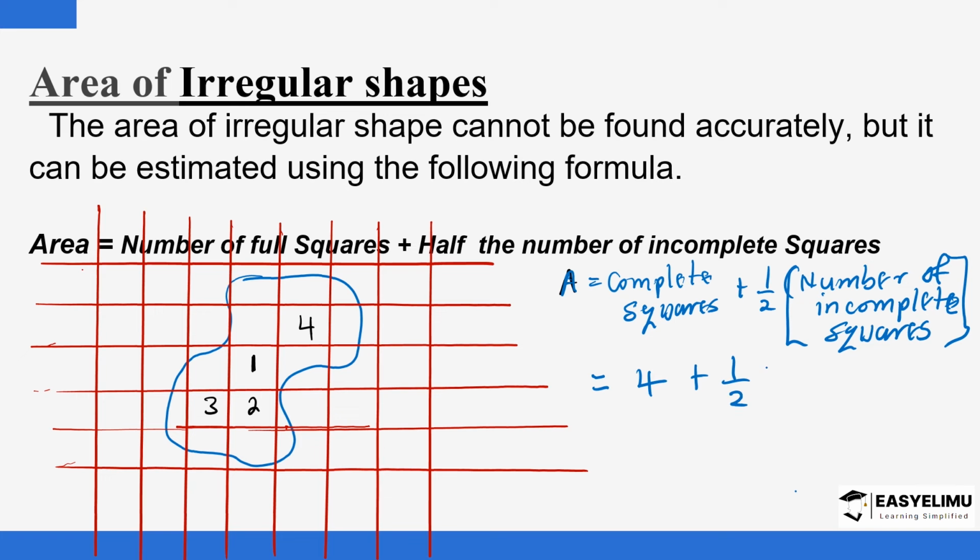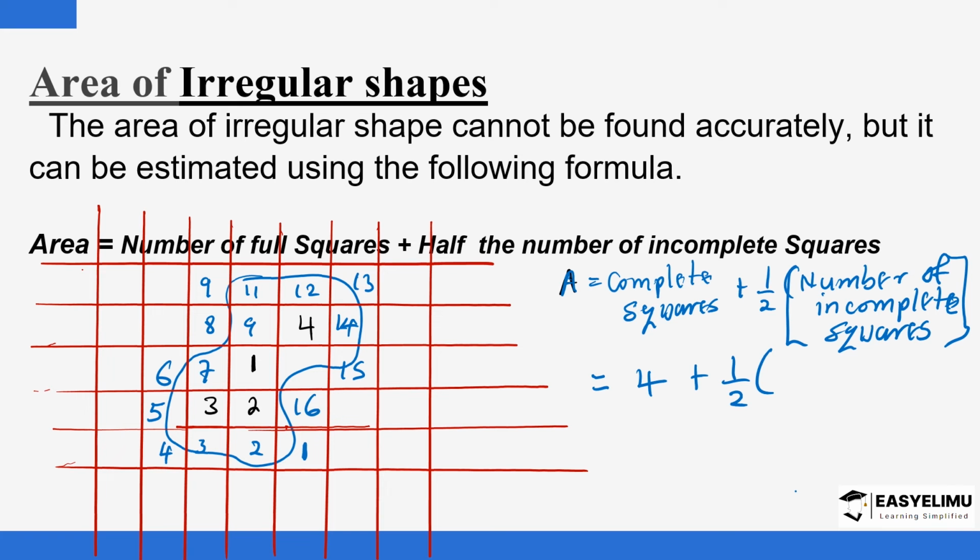plus half of the number of incomplete squares. So how many incomplete squares do we have? We have 1 is here, 2 is here, we have 3, 4, 5, 6, 7, 8, 9, 10, 11, 12, 13, 14, 15, 16.